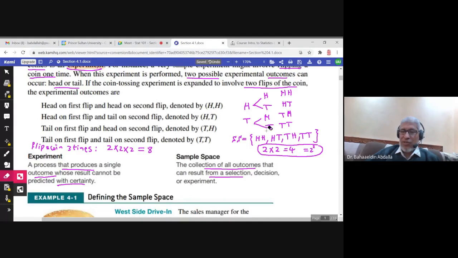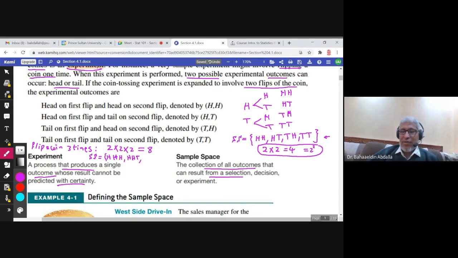So you will get, for example, HH in this case. The first possibility would be H, H. In fact, you can start from this sample space. The first outcome here is HH. So you can take HH and add H once and T another time.